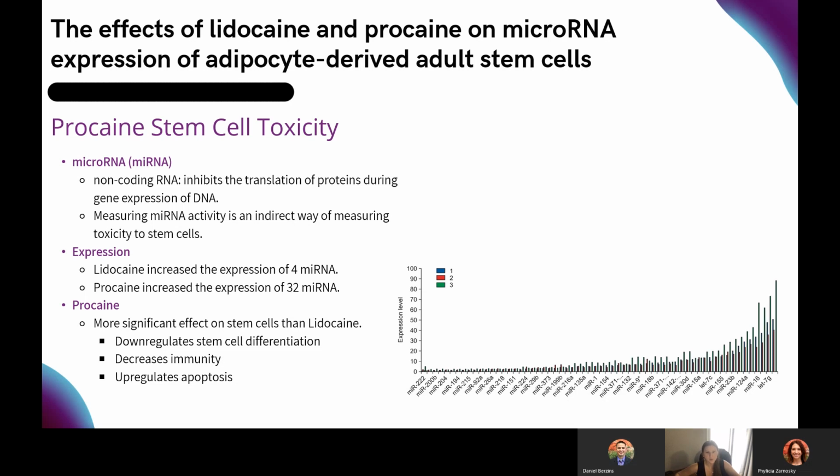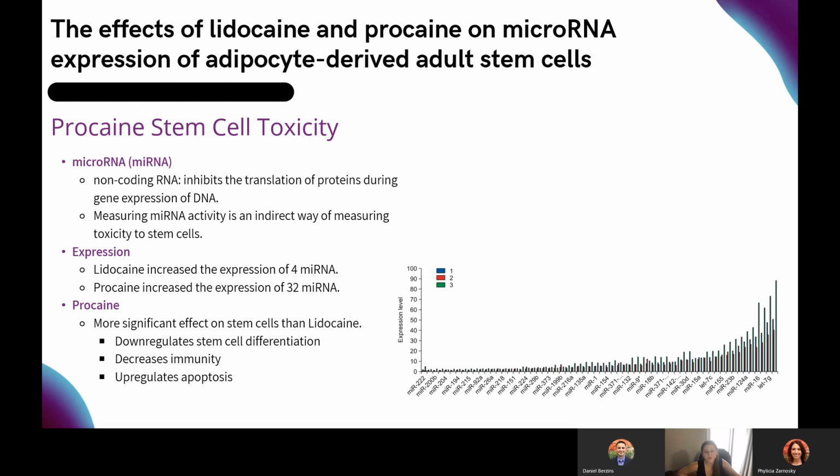It is hard to make inferences when you're looking at all of the amide type local anesthetics with this study because we don't have a comparison. So we can't make a blanket statement about ester local anesthetics or amide type local anesthetics. This is specifically looking at lidocaine versus procaine. But we do see procaine is more cytotoxic to stem cells than lidocaine specifically.